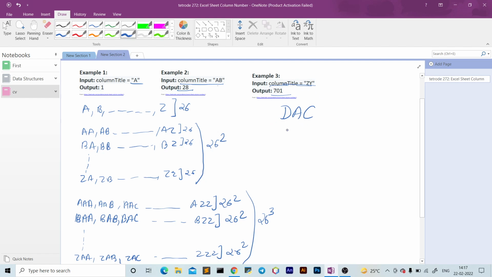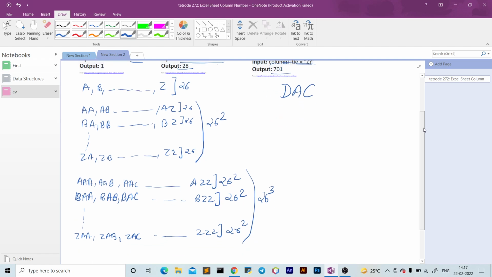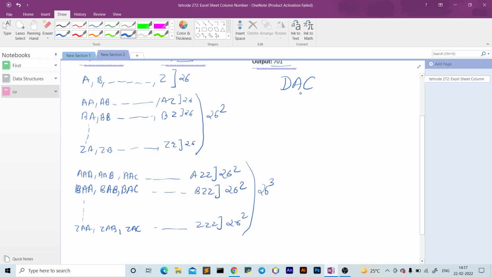Now if let's say there is a string DAC and we want to determine its corresponding column number, how would we do that? We know that DAC would lie somewhere in this level. So how many strings do we have in this level that are present before this D? Starting with D, the first one would be DA.